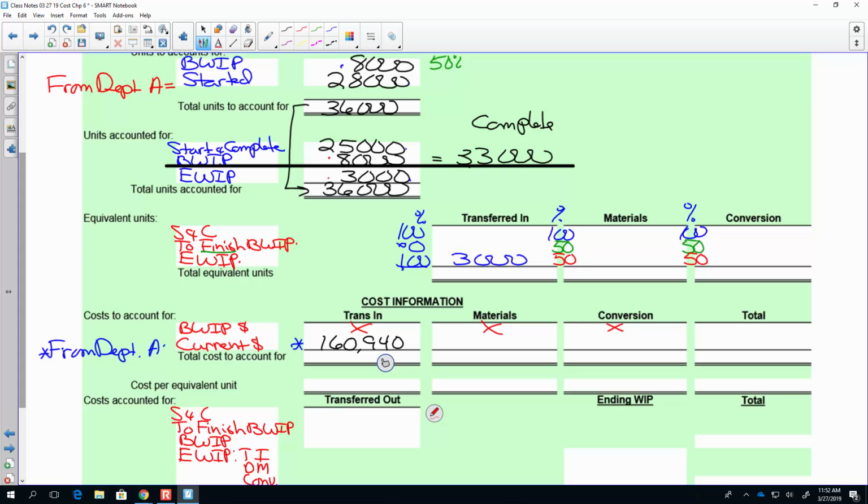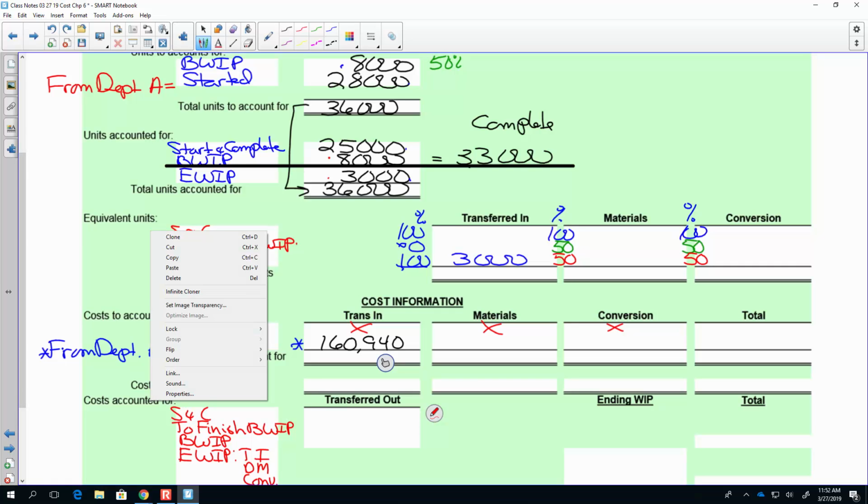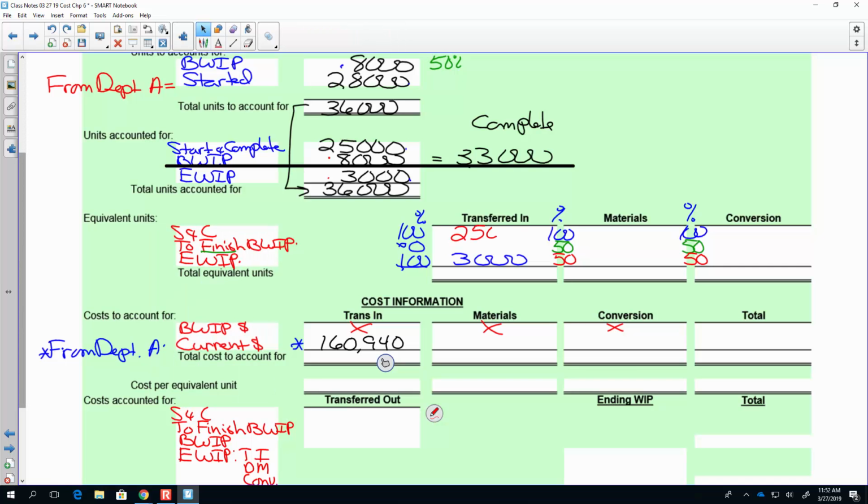Okay, so what do we have for numbers now? 100% times what for started and completed? 25,000. 0% of 8,000 is 0. 4,000, right? Because there was 8,000 in my beginning WIP.